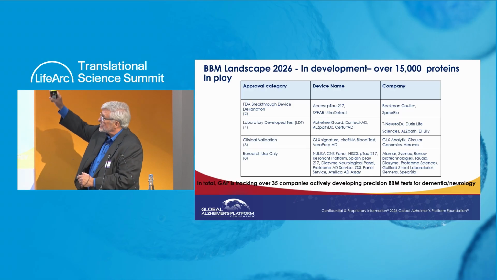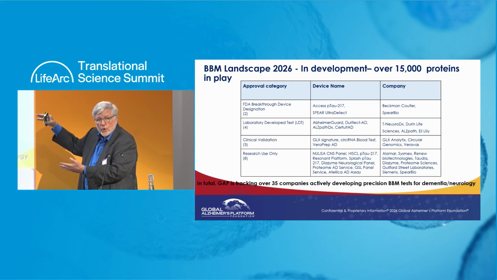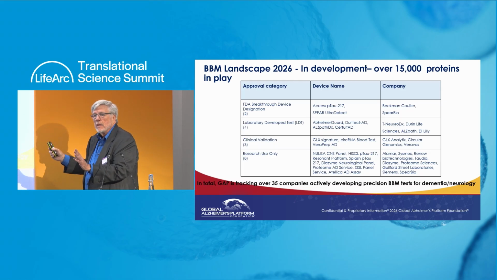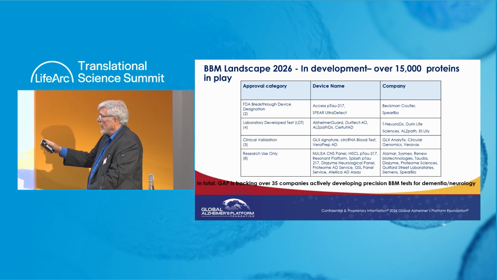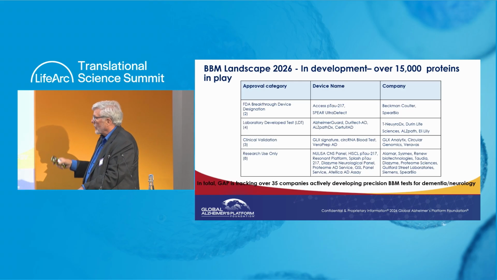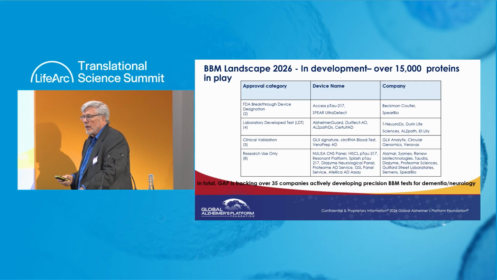But at least feel the sheer density and power of that lineup and what can come out of it, because they're going after everything that might underlie the detection of dementia and the treatment of dementia. We actually have found 35 companies that are currently developing precision blood-based biomarkers for dementia, neurology, Alzheimer's, and all the rare diseases associated with it.